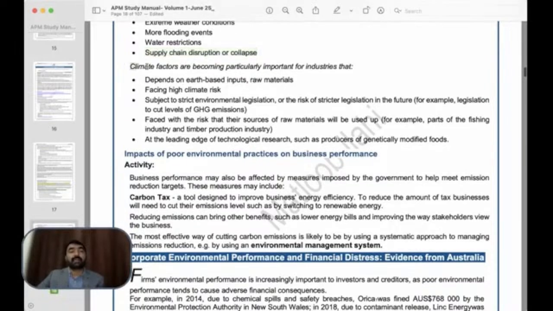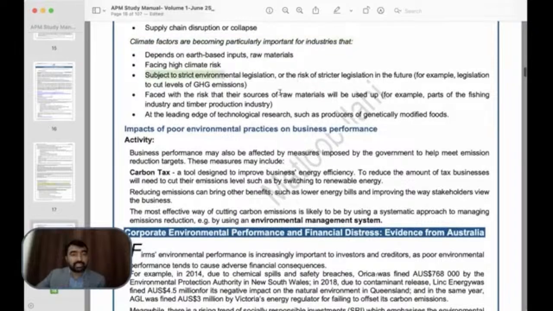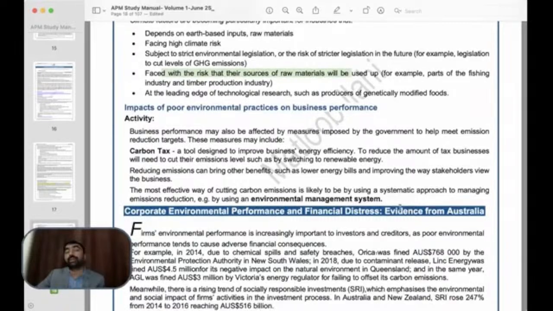For example, climate factors are becoming particularly important: companies are subject to strict environmental legislation, faced with the risk that their sources of raw materials will be used up, or at the leading edge of technological research, such as producers of genetically modified foods.